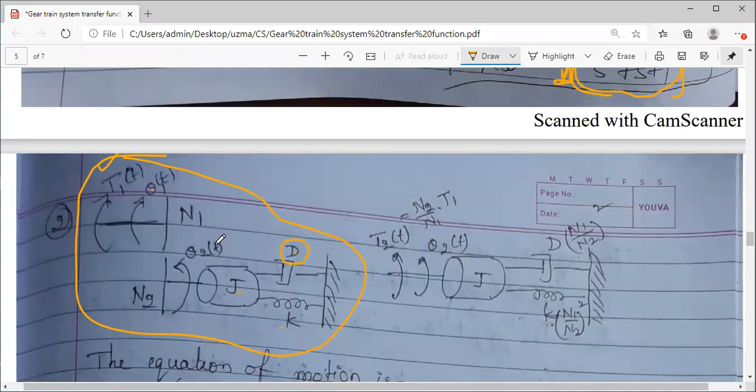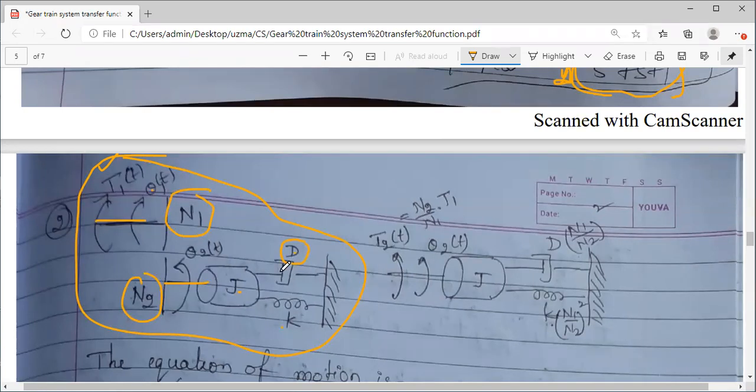Okay. And you have to identify that the given system is a rotational mechanical system, no doubt, but you have gear trains because number of teeth are given to you. There are 2 shafts involved. So what do you have to do first? Obviously the question is to find the transfer function.